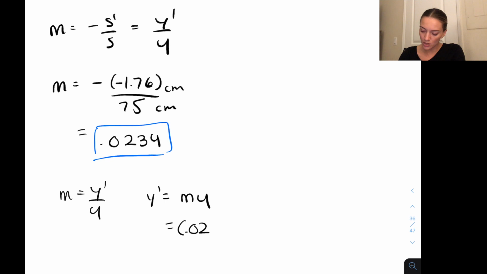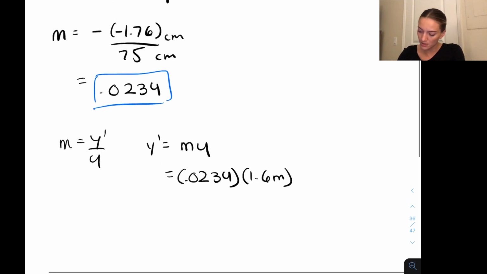So the magnification is 0.0234 times the object height, which we had as 1.6 meters. So now we multiply that out and we get 3.8 centimeters.